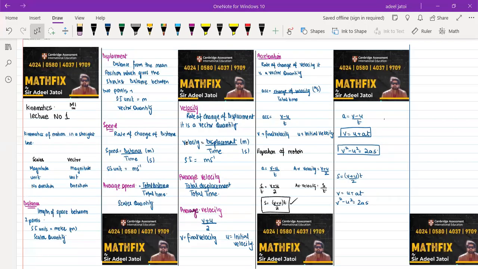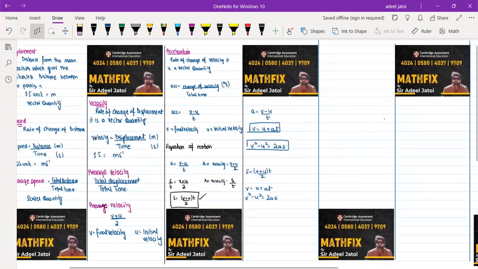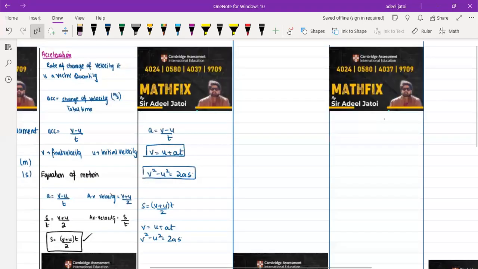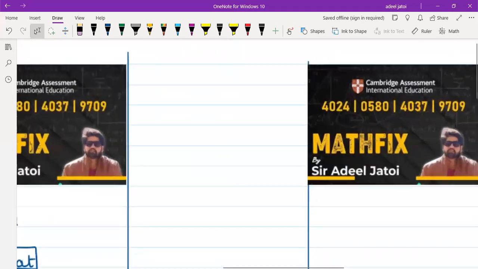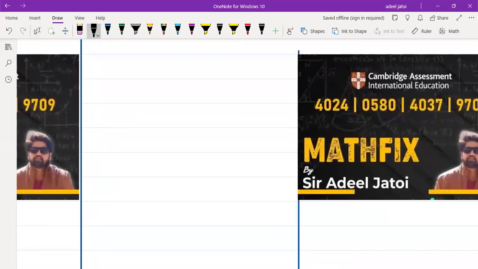Okay, moving further, let's work upon the same concept for uniform motion. That means acceleration will be 0.